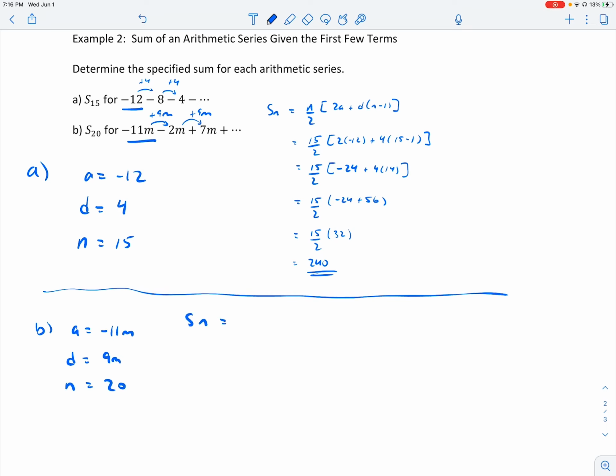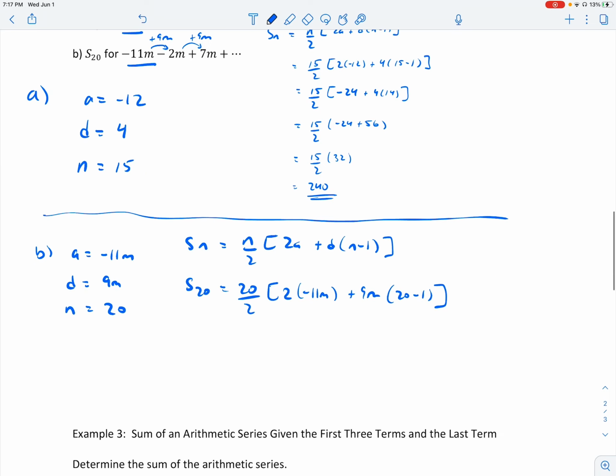We're going to follow the same thing. I'm going to write out the formula one more time. We want the sum for the first 20 terms, so n is 20. First term was negative 11m. Common difference is 9m. And n is 20, so 20 minus 1.